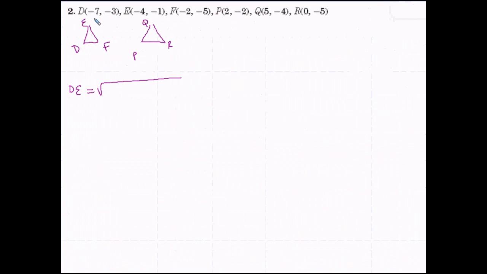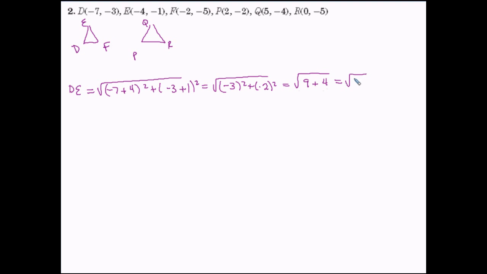So back to distance formula, DE. So -7 minus -4, so +4. And then -3 minus -1, so +1. And I get -3 squared and -2 squared. So that's going to be 9 plus 4, which is the square root of 13.